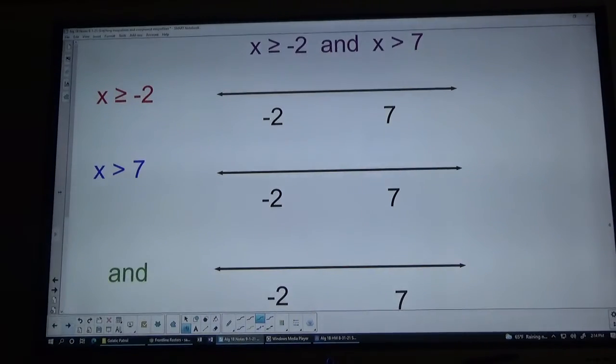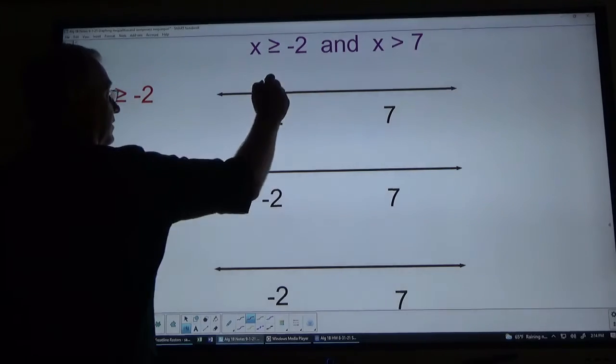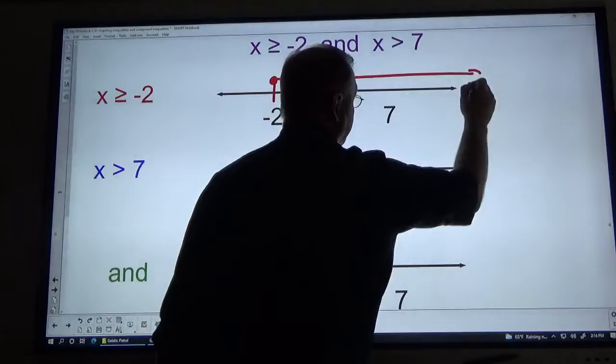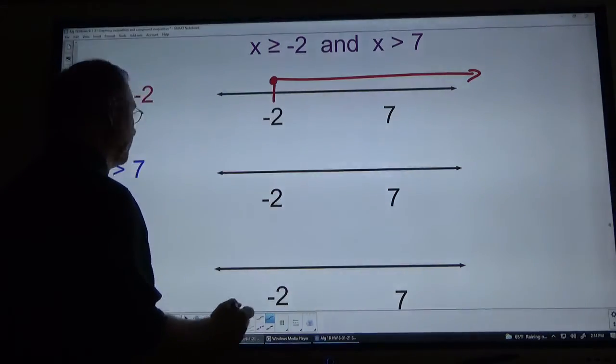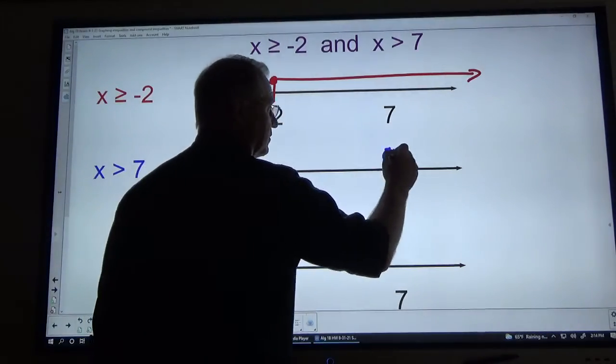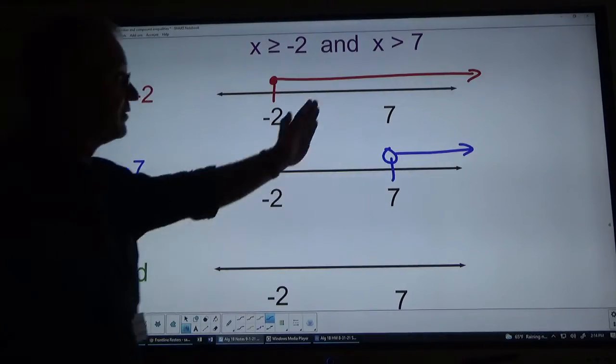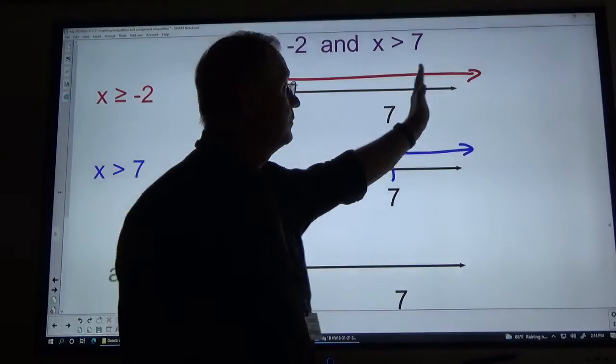The next example I've changed slightly with one of the inequalities. So I've got a solid dot arrow to the right this time. Again, they're both in the same direction, open circle, arrow to the right. They only overlap from here that way.